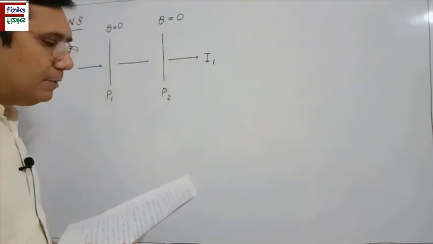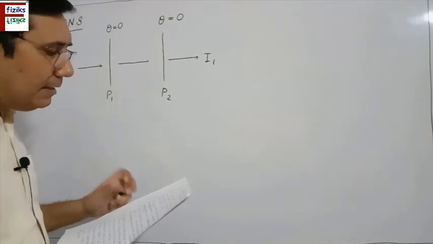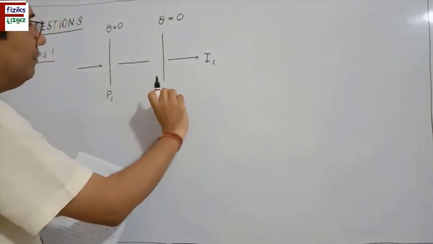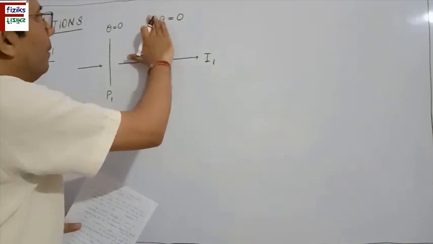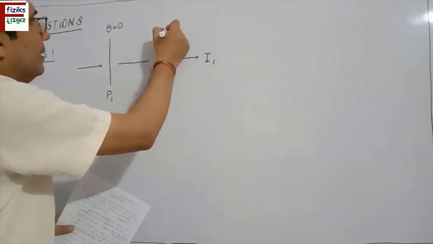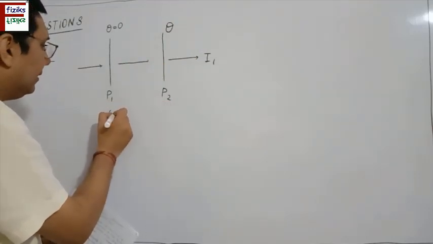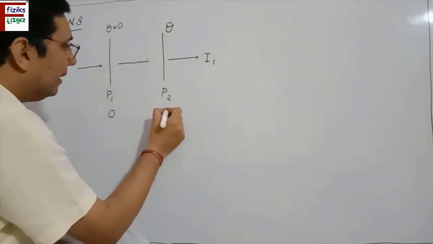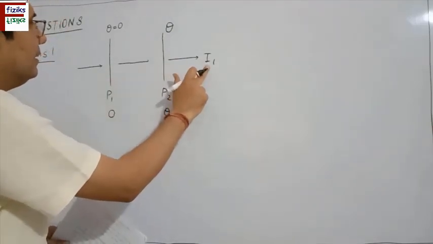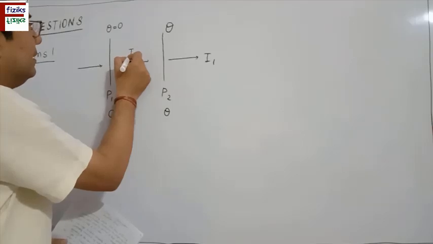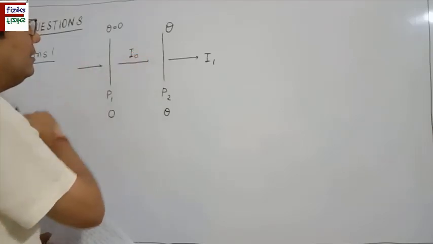Now we have to determine the angle by which either sheet must be turned. Suppose we are turning P2 by an angle theta. So now P1 is at 0 angle and P2 is at theta angle. Suppose the initial intensity was I0.